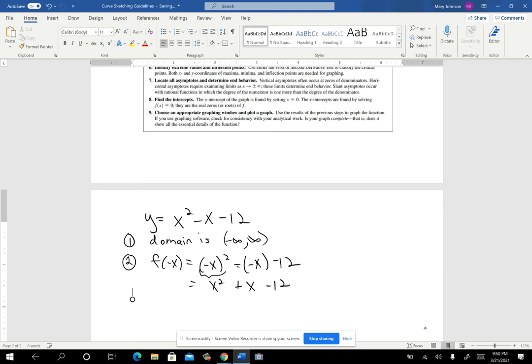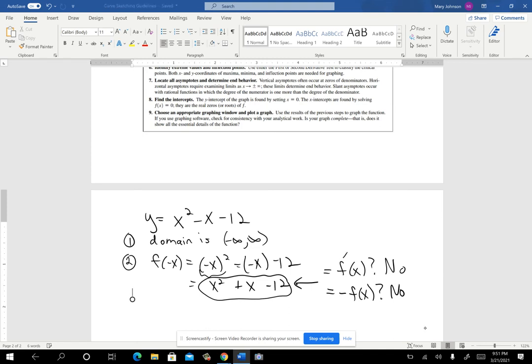Okay. And if what you get, right here, does it equal f of x? Does it equal what we had originally? No. Does it equal the opposite of what we had originally? Well, no. Okay, so it doesn't have either.